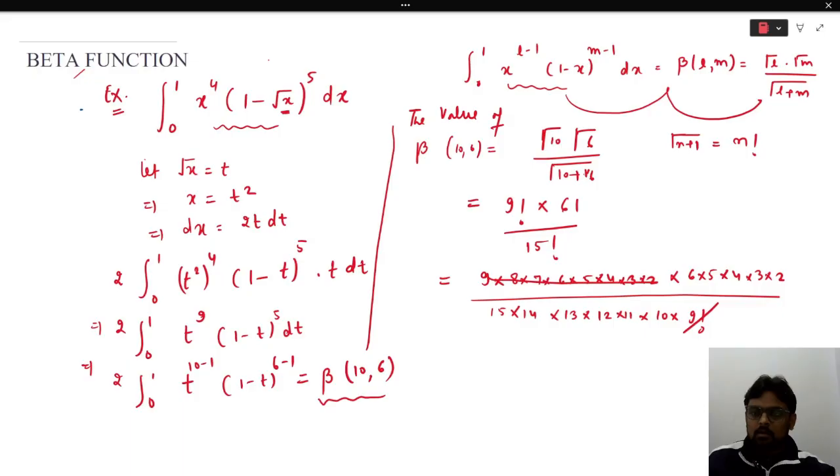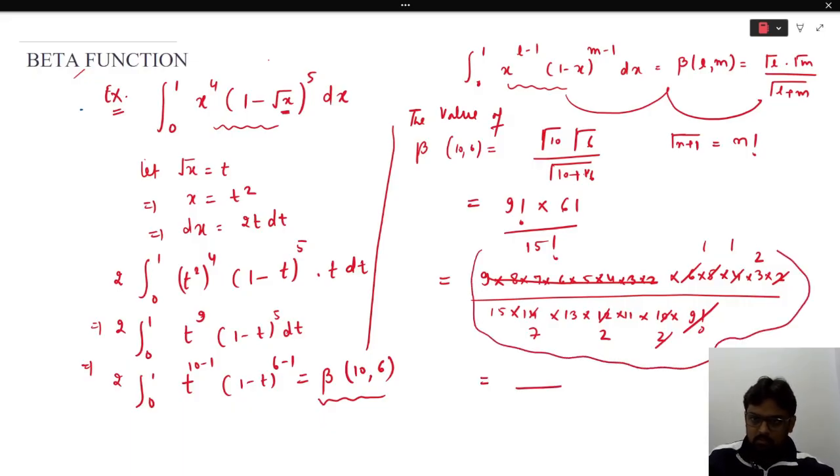Here is 6 factorial. 6 cancels with 6 once, 6 is 2 threes, and this 5 cancels with 5, and this 2 and 2 will become 2 twos, 2 sevens. So after solving, we get some result, but I can help you that this will be reduced in this form.